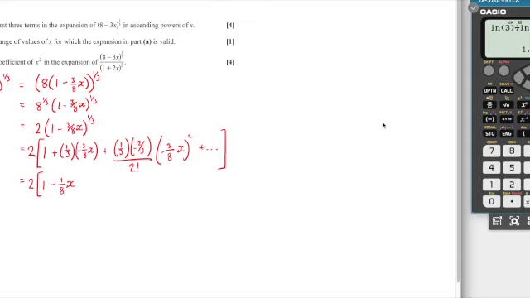I've got negative again, so I've got 1 negative going on. And I think I'm going to have 3, 3 and 3 are gone, 2 and 4 are gone. That's going to be over 4, and then I've got the 2 factorial, that's another 2, so I think that's going to be an 1/8 x squared.